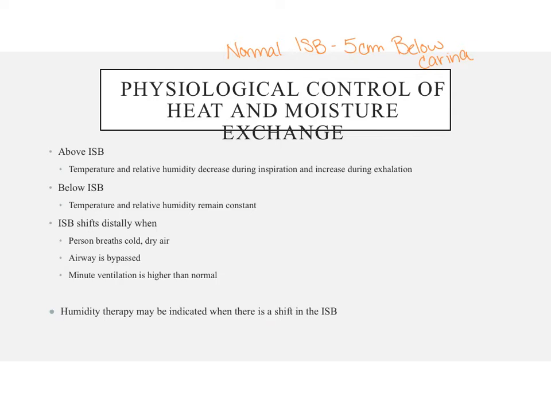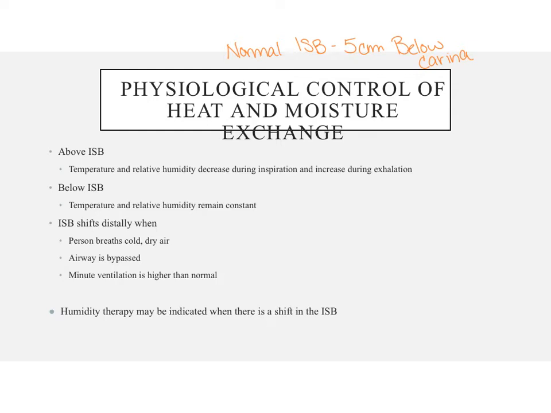So the air is not where it needs to be for the body to maintain homeostasis. Now, on expiration, because the air is coming from the lungs, above the isothermic boundary during exhalation, that gas has a higher temperature and a higher amount of humidity in it before it gets to the nose.